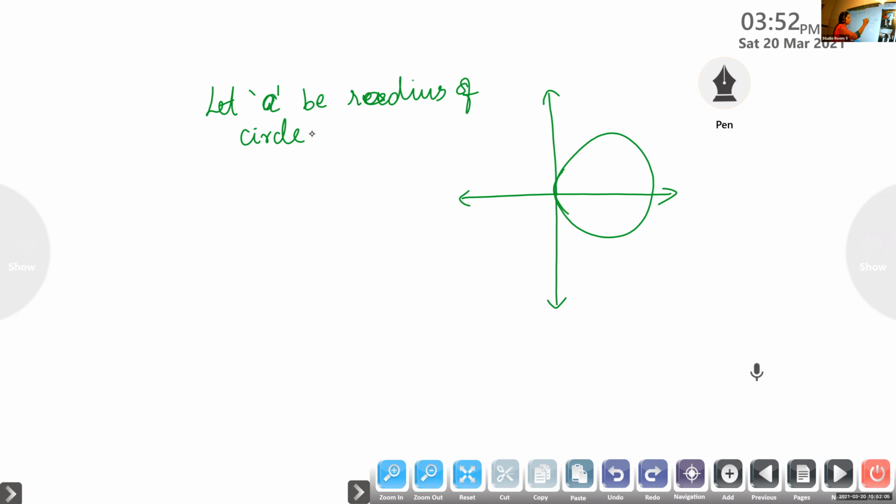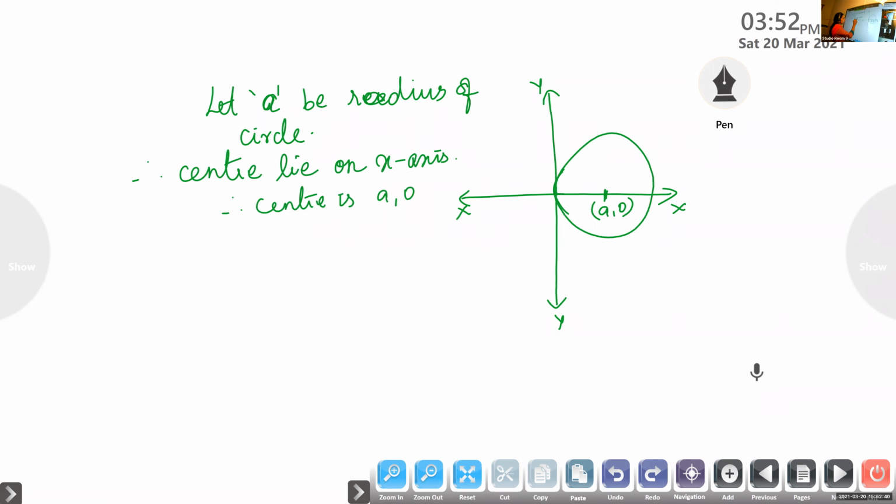If we draw a circle like this so that it touches the y-axis only at origin, surely the center will lie on the x-axis. On the x-axis, the y coordinate is 0. Therefore, the center is A, 0.